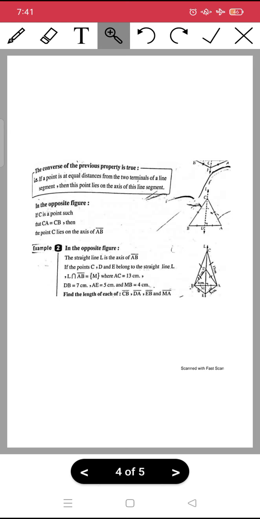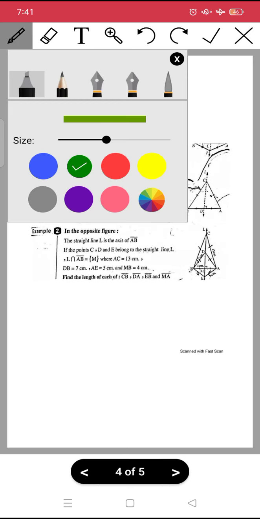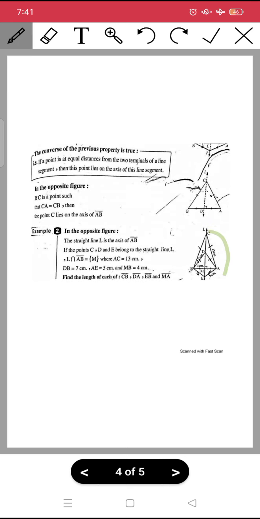Find the length of each of CB. Since L is the axis of symmetry of AB, and C belongs to the axis of symmetry, therefore AC equals BC, meaning 13 centimeters.